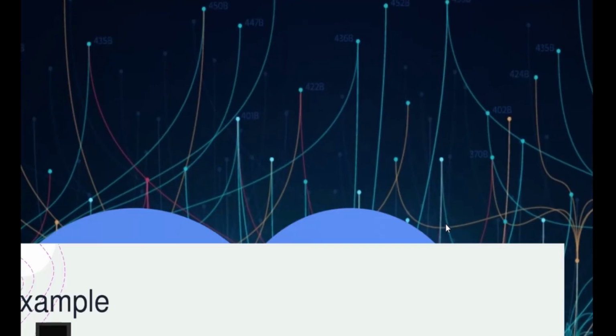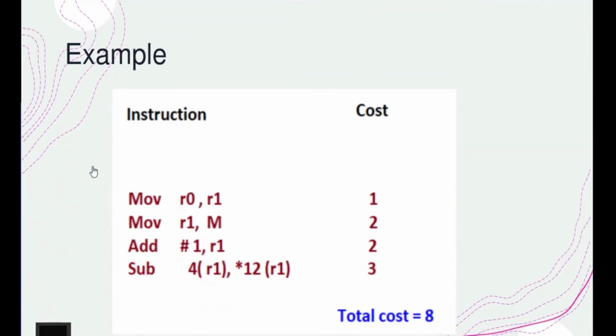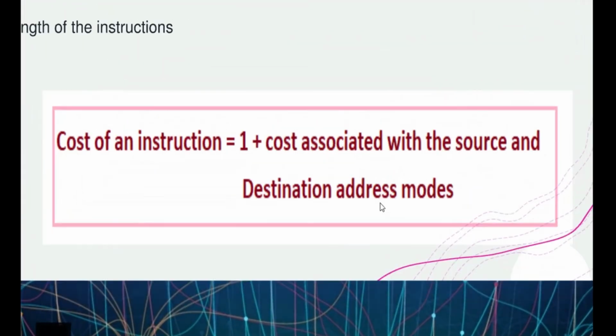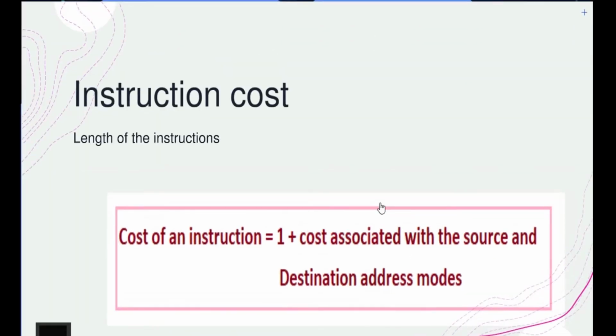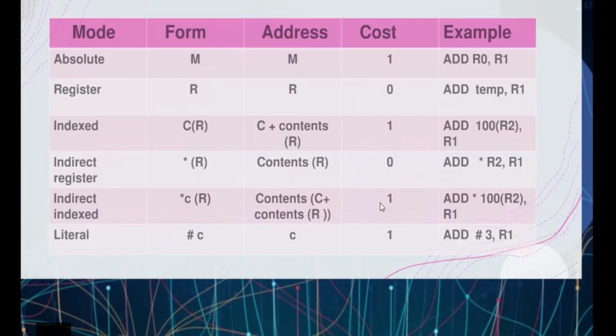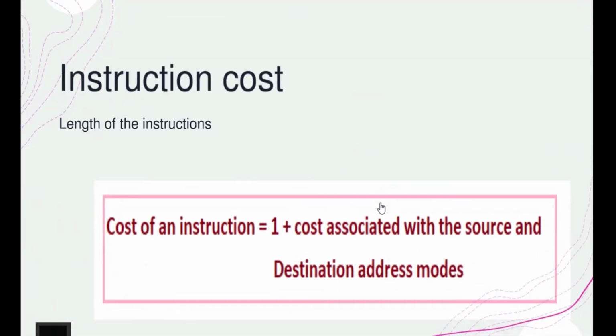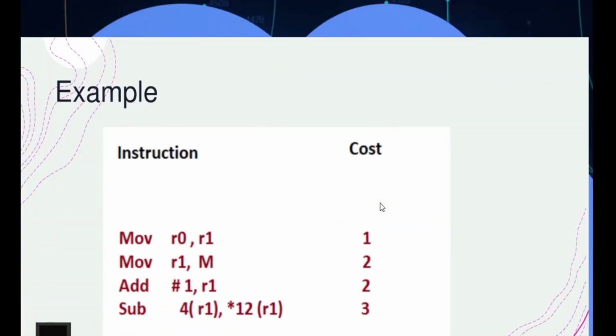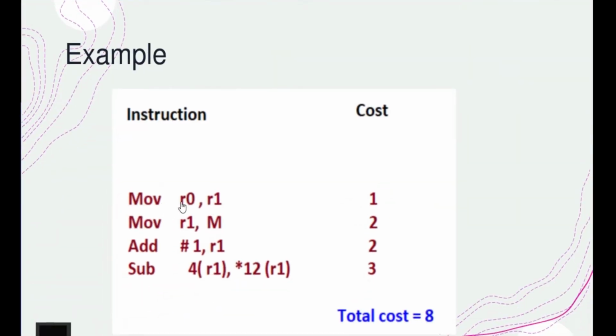For example, for this instruction, this is a register oriented instruction, so what is the cost? It is equal to 1. Already we have discussed in this table the cost for different kinds of instructions. Accordingly, if it is a register oriented instruction, both operands are registers and no memory operations are involved, so the cost is equal to 1.